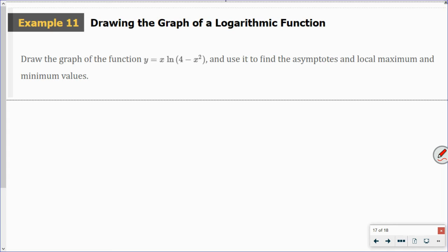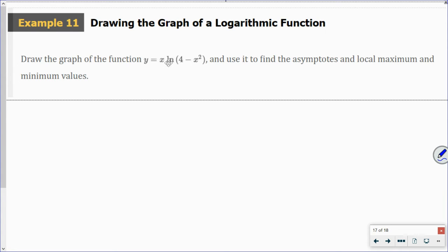Draw the graph of the function y equals x ln of 4 minus x squared, and use it to find the asymptotes and local minimum and local maximum values. Remember that we just found the domain of this portion right here.